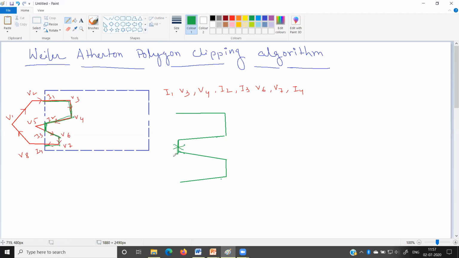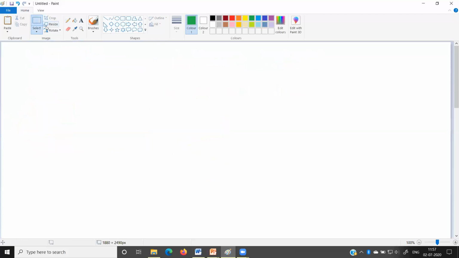So now we will discuss how the Wheeler-Atherton polygon clipping algorithm will be executed and how it can remove this particular edge. Okay. So let us say this is my clip window and the same polygon I will take over here.